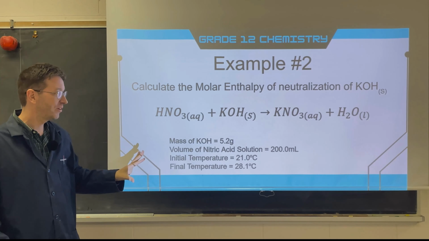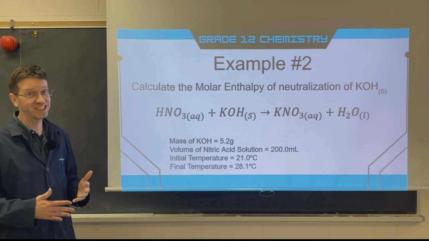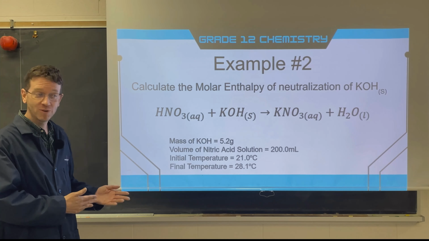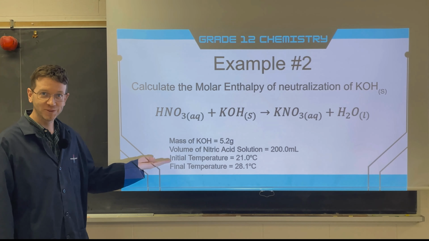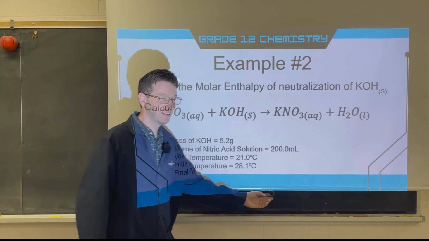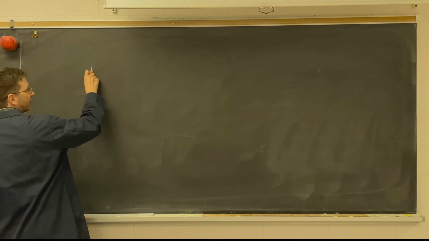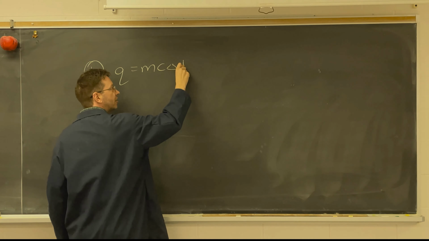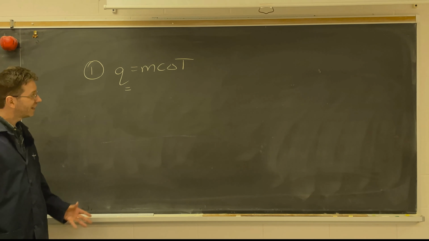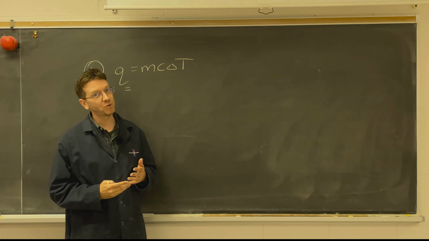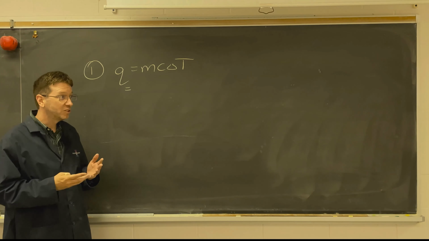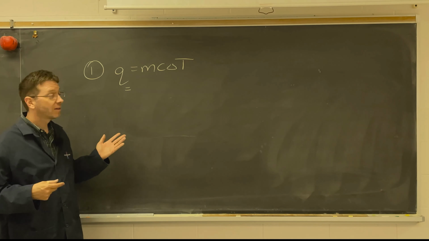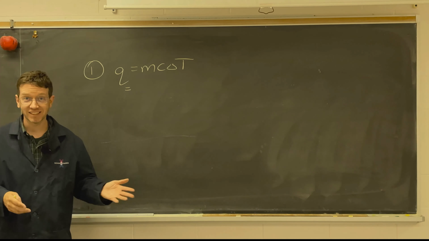So in this question, we are actually going to determine what delta H actually is. So step one, just as before, how much energy was actually released to heat up our solution? Let's figure that out. Step one, Q equals mc delta T. Now it said the volume of nitric acid was 200 milliliters. Now our solution, the solvent is water. So we can just say mass is roughly the same, the same density.